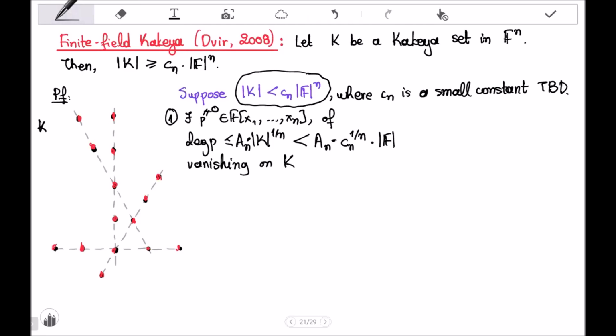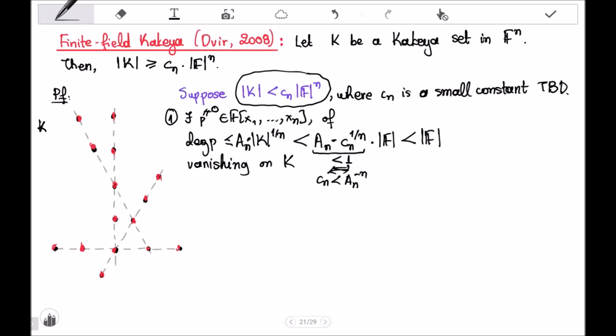And now we will choose our little constant c_n here, so that this is smaller than 1, and therefore the degree becomes smaller than the size of the field. All you need to do is to pick c_n smaller than a_n to the minus n.